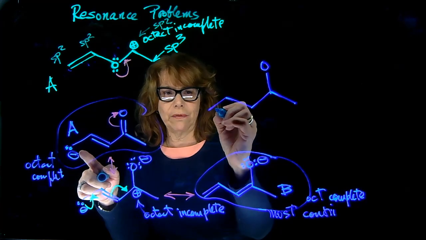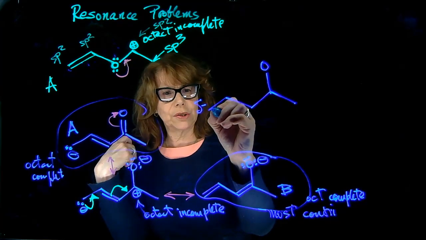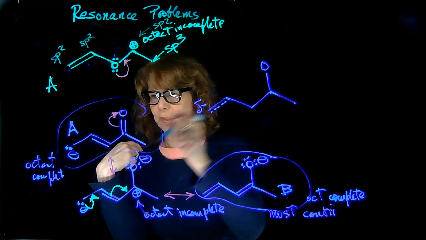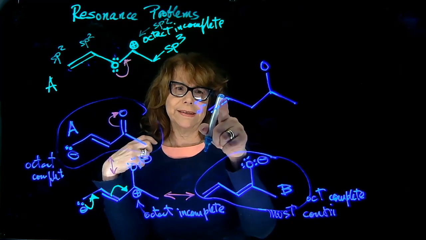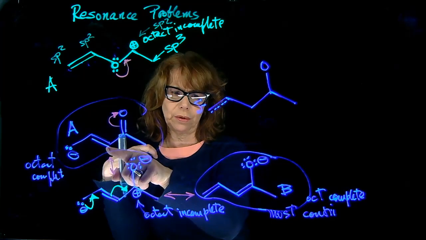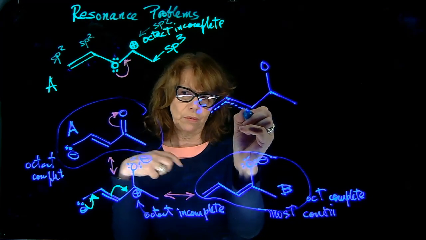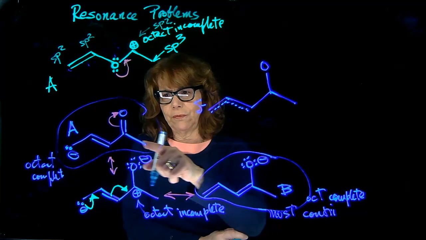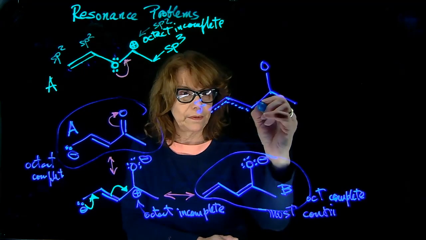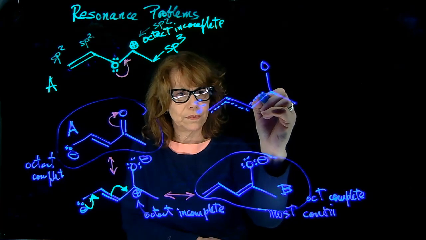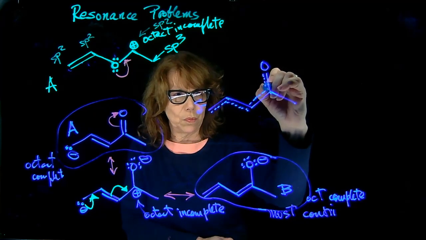I'm going to put a partial negative here, and a partial double bond, because notice here I don't have a double bond, but here I do. In the next bond, here I have a double bond and here I don't, so it's going to be a partial double bond. And for the next one, it is no double bond, but here there is. So partial, and same with the oxygen: double bond here and single, so partial.